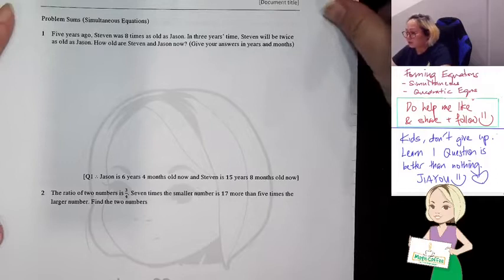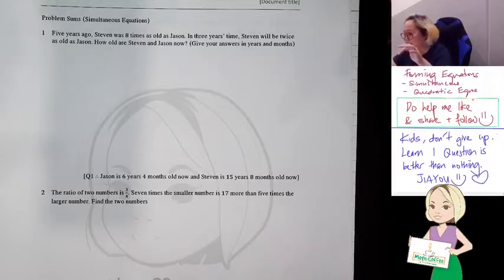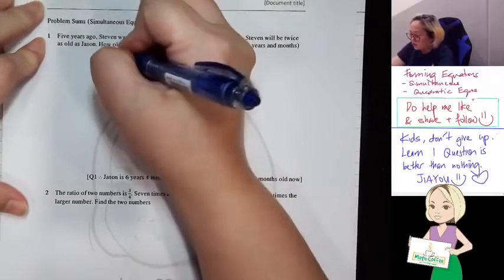Sometimes the question looks like so much information, and you don't know where to start. The trick is you have to assign one of the unknowns to be X. Since you have quite a number of information, I'm going to let Stephen's age be X and Jason's age be Y. So you always start off with "let".